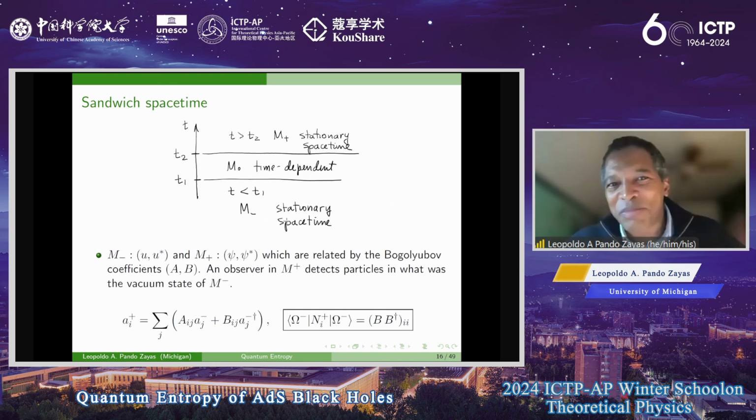There's a typical example, this sandwich space-time, where you might have a stationary phase before T1, then some time-dependent part between T1 and T2, and then again a stationary phase. And if you apply this, the number of particles on M plus in the state that would have been the vacuum of M minus is given by this expression.